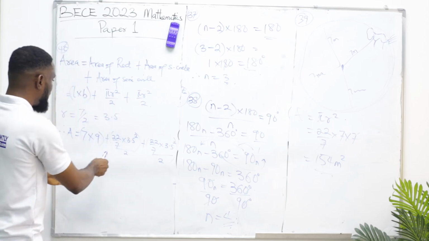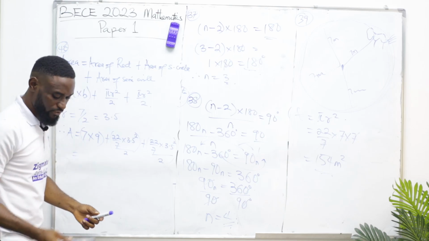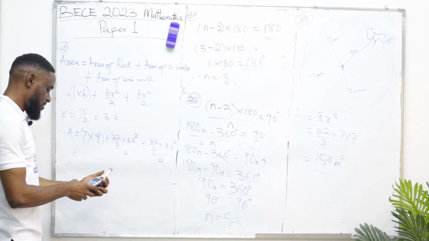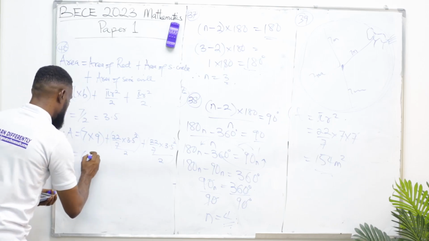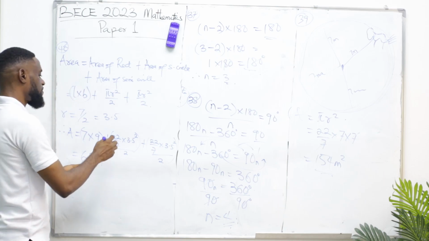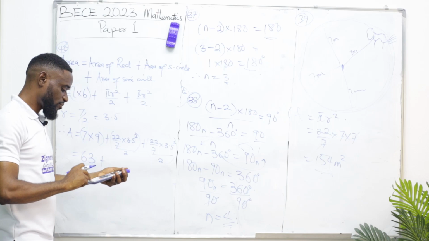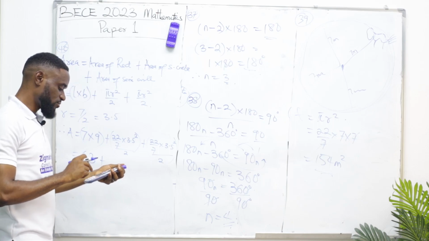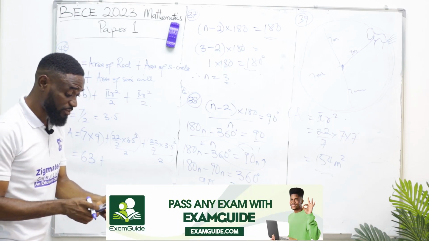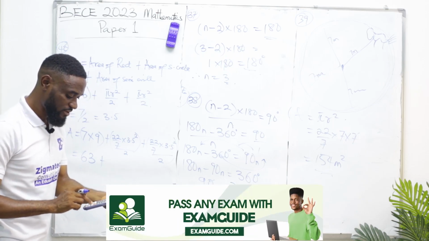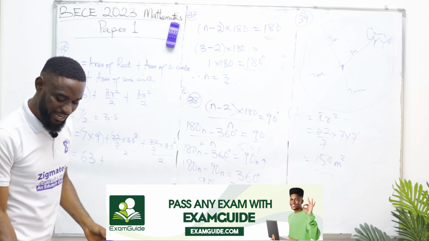All right, so now let's go with this now. If we go with this, 7 times 9 will give us 63, all right? Plus, now, 3.5 times 3.5 will give us about 49 over 4.